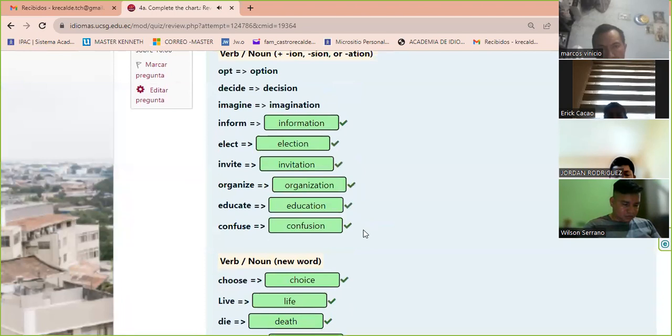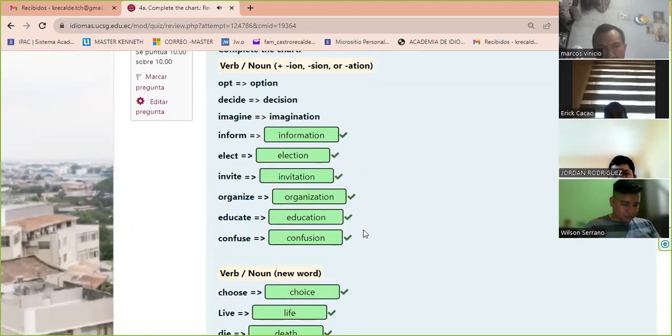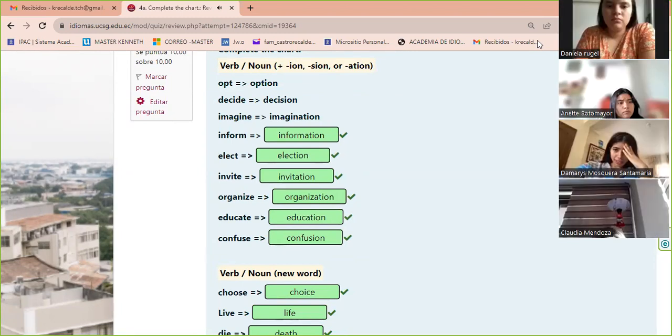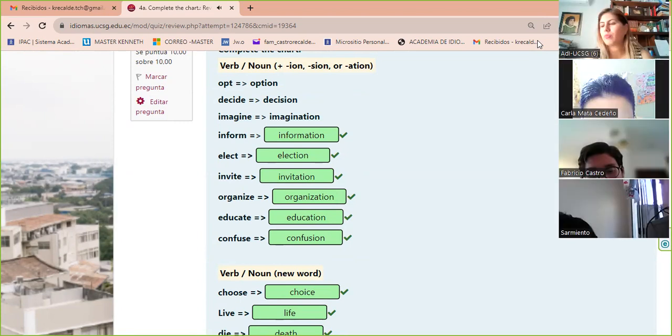Opt. Option. Decide. Decision. Imagine. Imagination. Inform. Information. Elect. Election. Invite. Invitation. Organize.